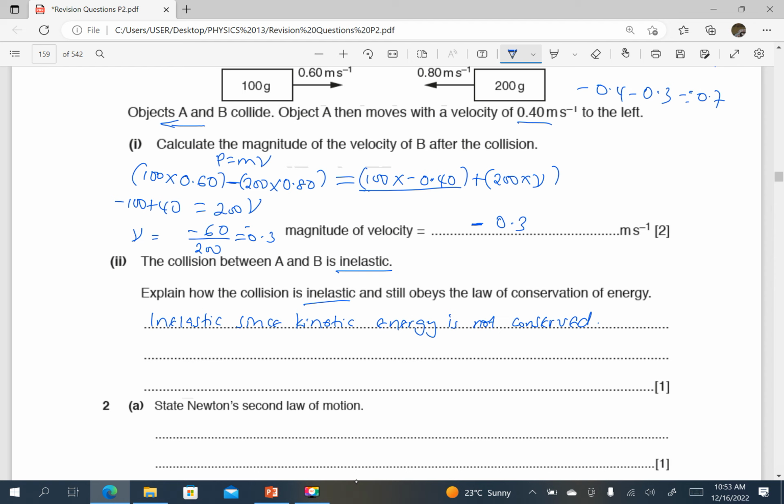That's number one. However, how is it obeying the law of conservation of energy? The kinetic energy is not conserved, but kinetic energy is simply transferred to other forms. So energy is conserved. Total energy is still conserved.